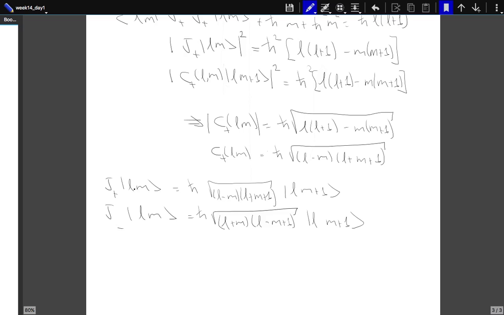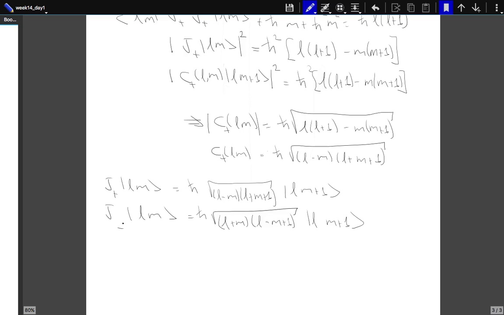And if you look at how J plus acts on the Lm ket, if m is equal to L, that should be the maximum value of m. If m is equal to L, this factor just gives us 0, as it should. If you try to increase m beyond its maximum possible value, it just gives you 0.